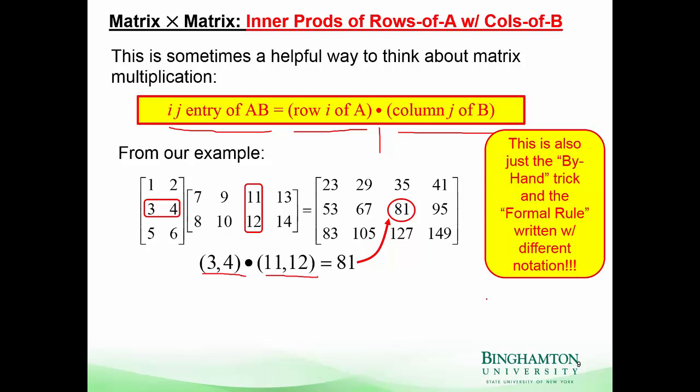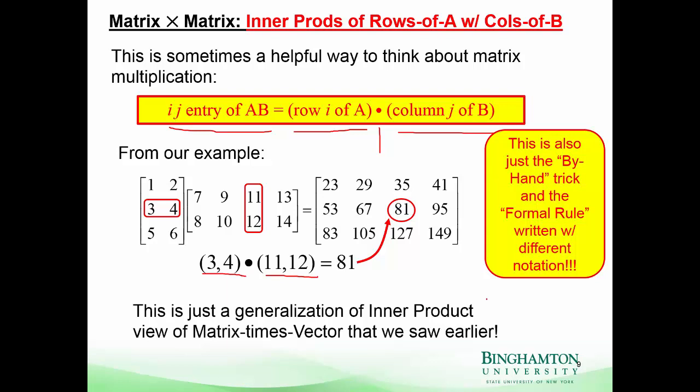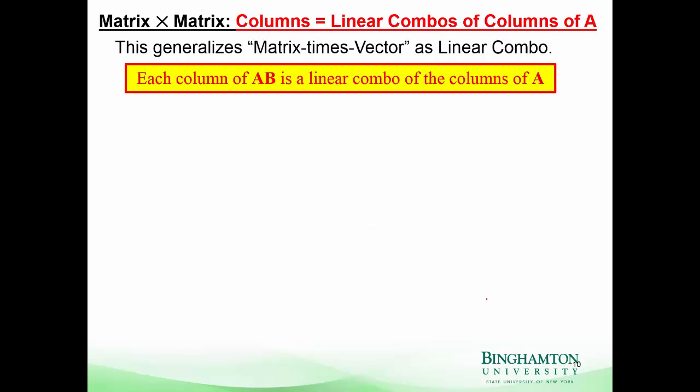We're just treating the row from the first matrix and the column from the second matrix both as column matrices, and that's just a convenient notation. So again, this is just a generalization of the inner product view that we saw earlier for matrix times vector.